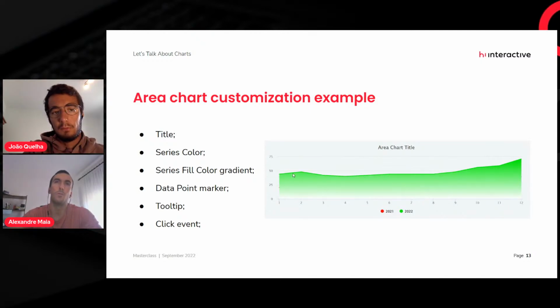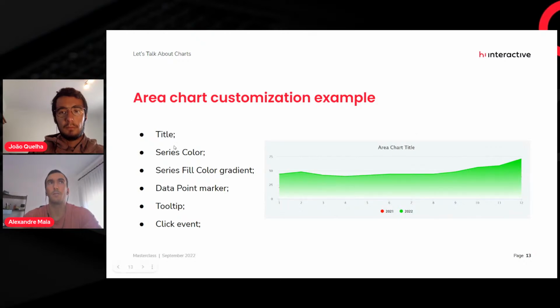So if you look here at the fill part of the area of the chart, you can see that it goes from green till white. The data point marker, which I have hidden, so we don't have those points that you normally have here, which is just a line. The tooltip, which we will take a look at then in the presentation.